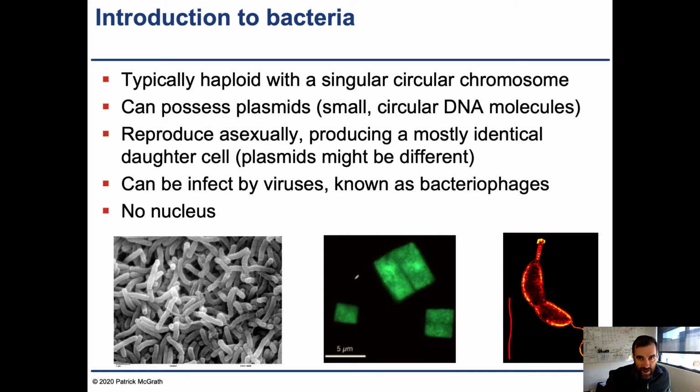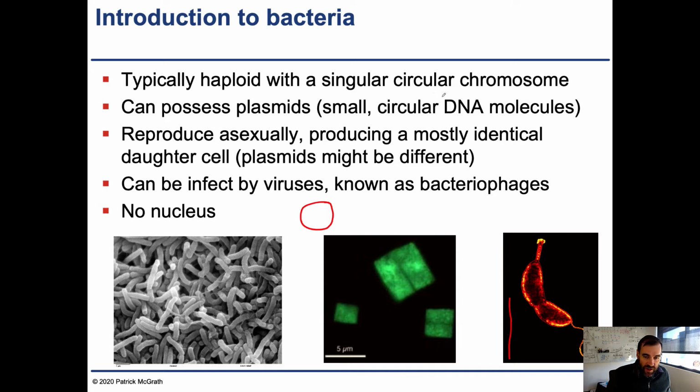They are typically haploid, and unlike diploid animals, they typically have circular chromosomes. So their chromosomes are found in circles, and they typically possess only a single circular chromosome. This is a general rule.